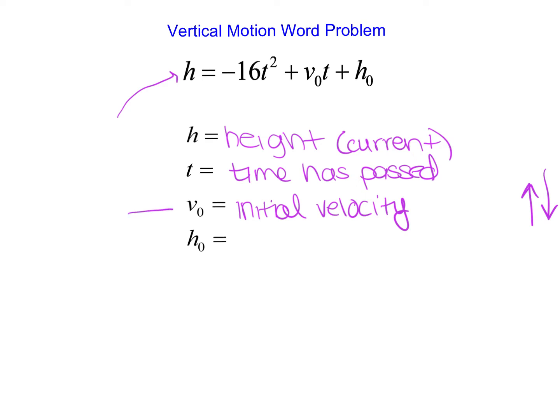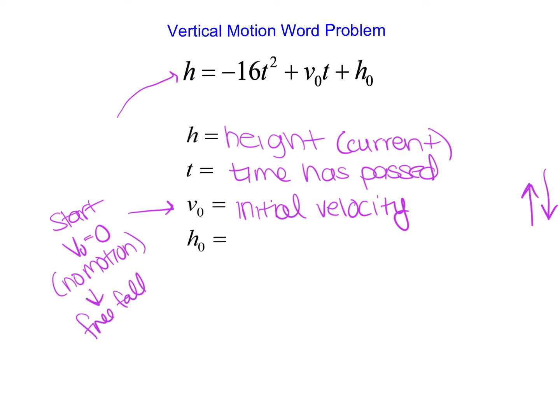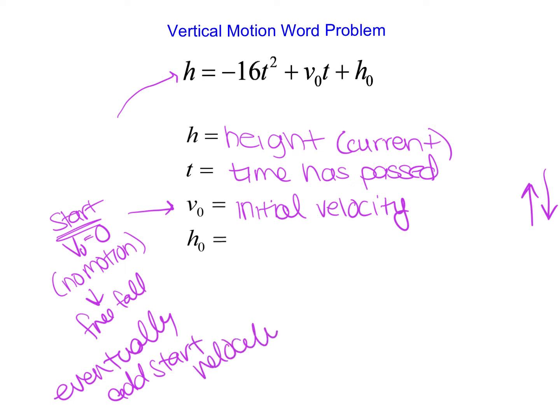For the time being, we're going to have objects that start with an initial velocity of 0, which means they have no motion to start. They basically start from a free fall. They start from nothing, and then they gain speed as they go. That's where we're going to start, but eventually we will add a starting velocity. So keep that on your radar. We're going to get to that point eventually.